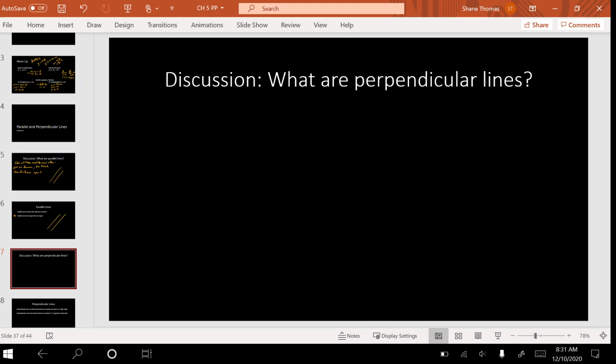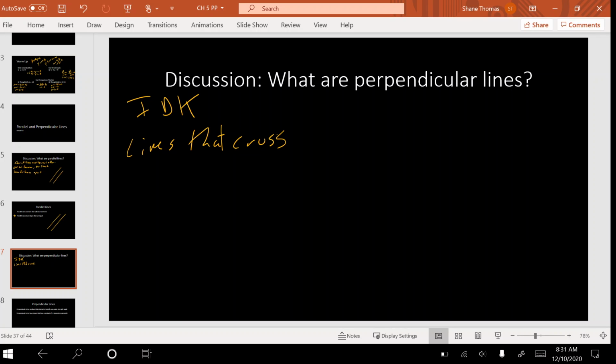I don't know. Okay, so we have perpendicular lines. Are they lines that cross? Lines across, okay. Add to it.